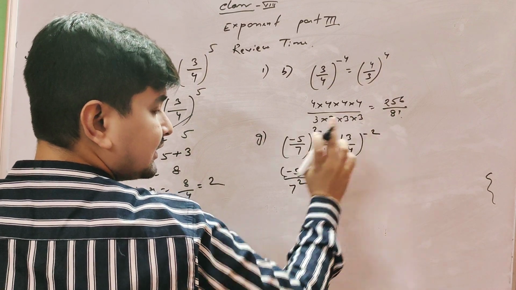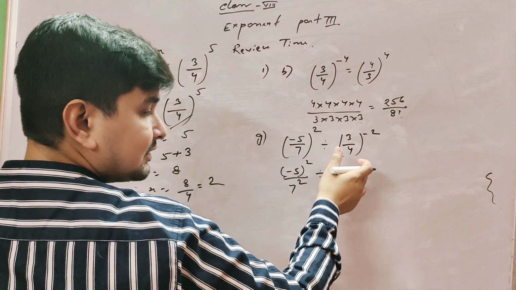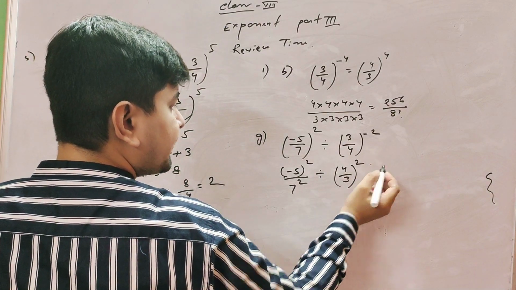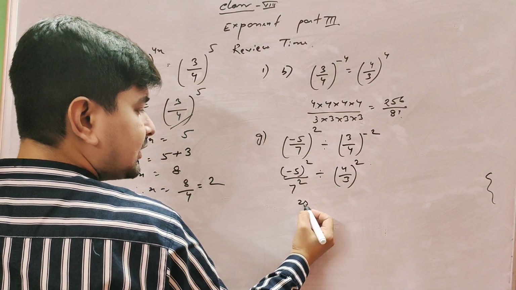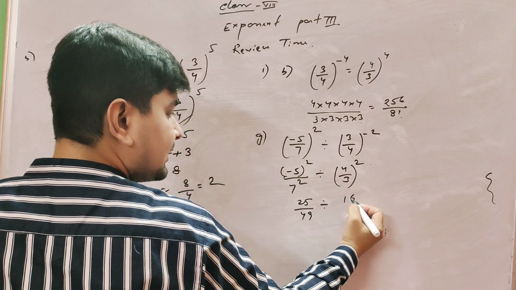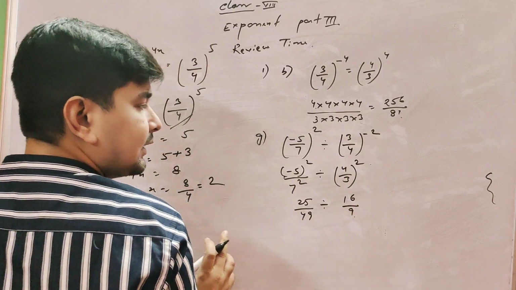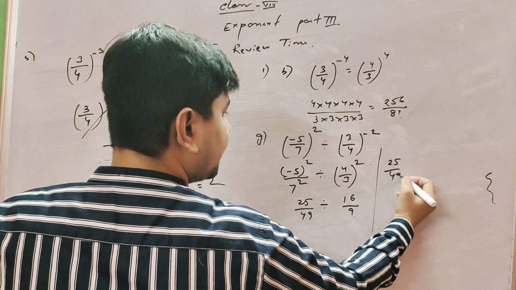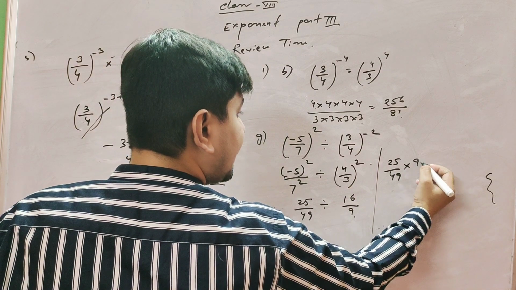Because there is a minus sign, we convert this into a positive exponent, so we reciprocate: 4 upon 3 to the power square. So minus 5 square is 25, 7 square is 49, divided by 4 square is 16, and 3 square is 9. Okay, so 25 upon 49 divided by 16 upon 9.